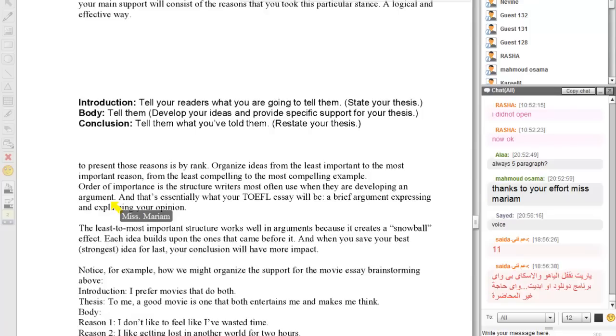Then you build on it, you bring a better idea, and then a much better idea, and you keep the most important idea to the end in order to get your audience or your readers fully persuaded. And that's essentially what your TOEFL essay will be, a brief argument expressing and explaining your opinion.